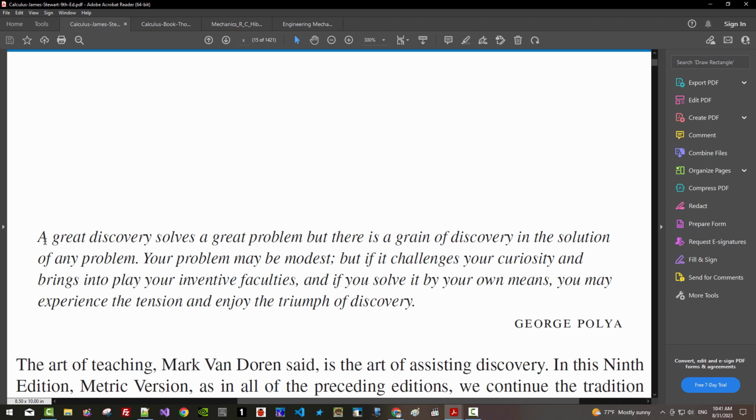Your problem may be modest, but if it challenges your curiosity and brings into play your inventive faculties, and if you solve it by your own means, you may experience the tension, the thrill, the joy, the enlightenment, the ecstasy, the orgasm, and enjoy the triumph of discovery, and feel you are standing at the top of the world.